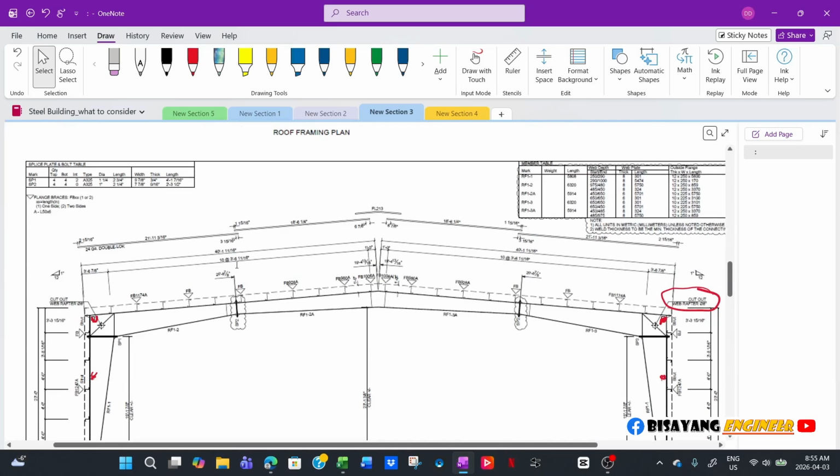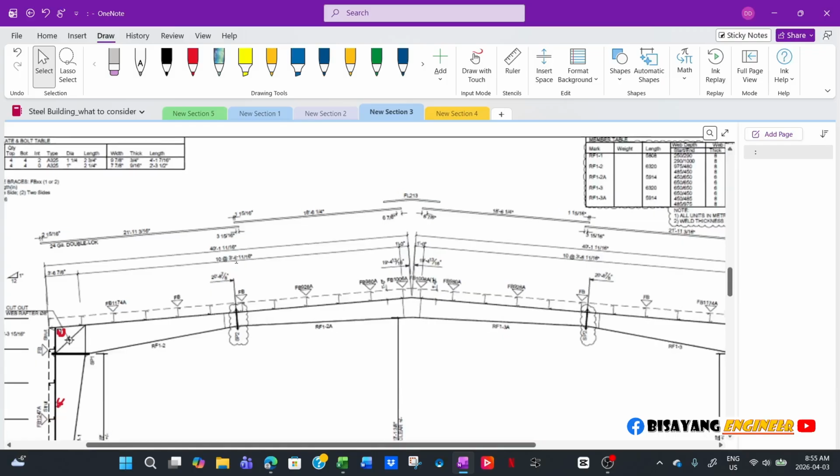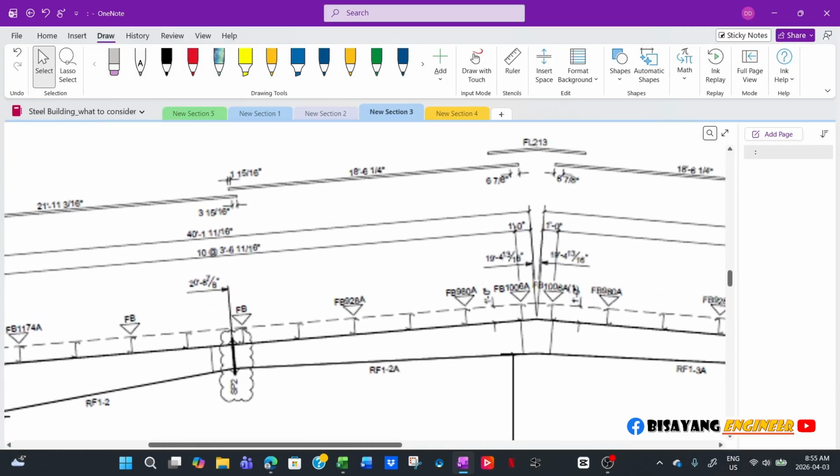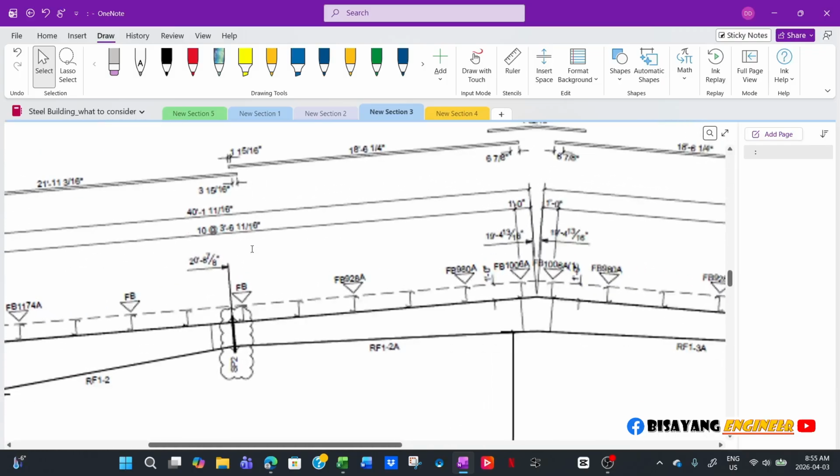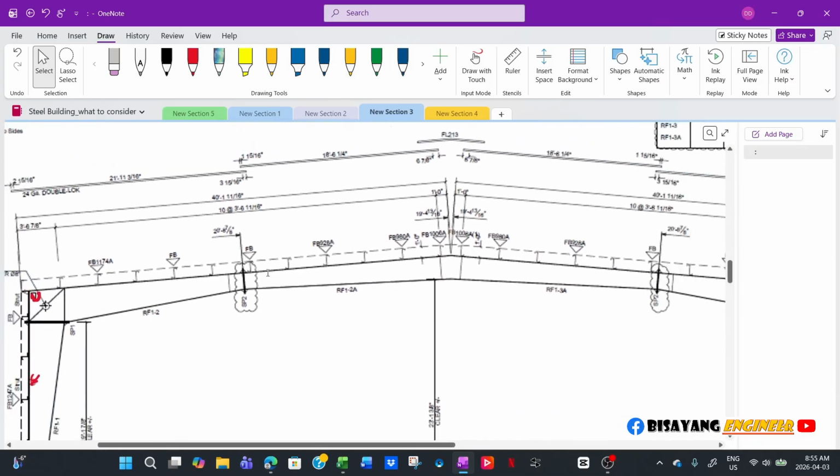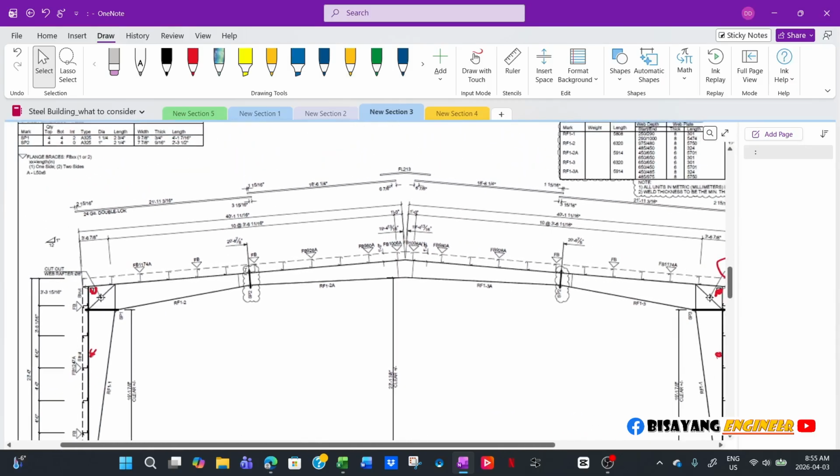So see, the spacing here is only like 3 foot 6 spacing of the purlin. So that's really close. So that's even better in transferring the load, and yet they still have a strut.